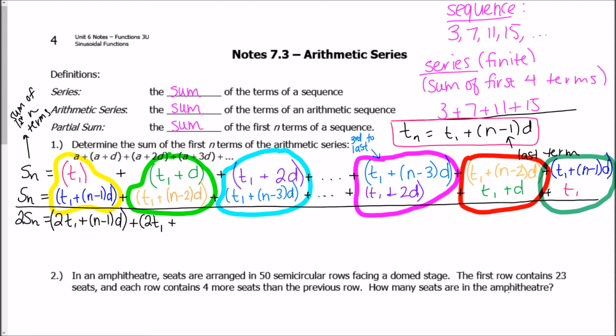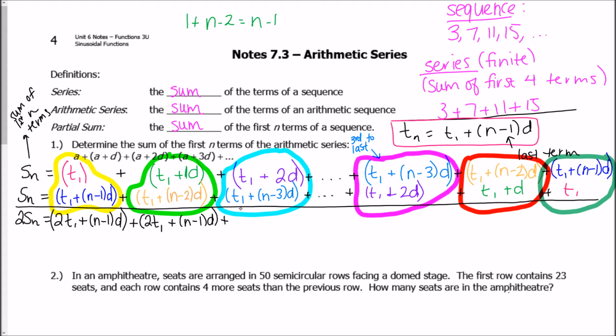Now this is saying that I have one set of d, and then here I have n minus 2 sets of d. So right here, I have 1 plus n minus 2 sets of d, which is n minus 1 sets of d. So this is n minus 1 times d.